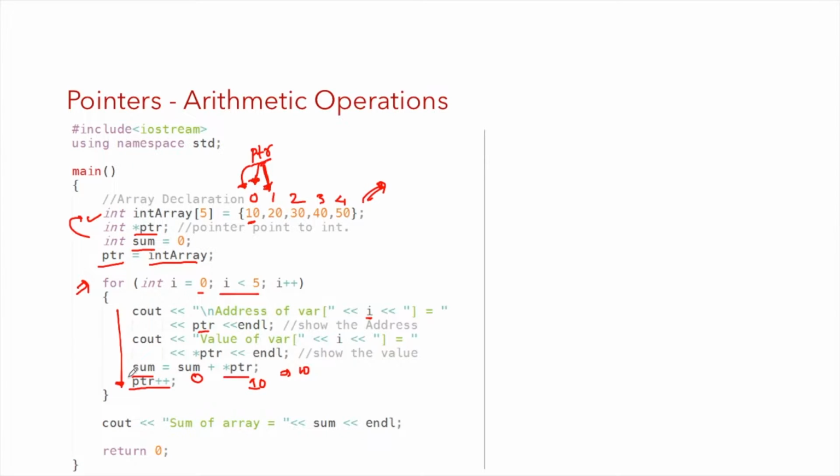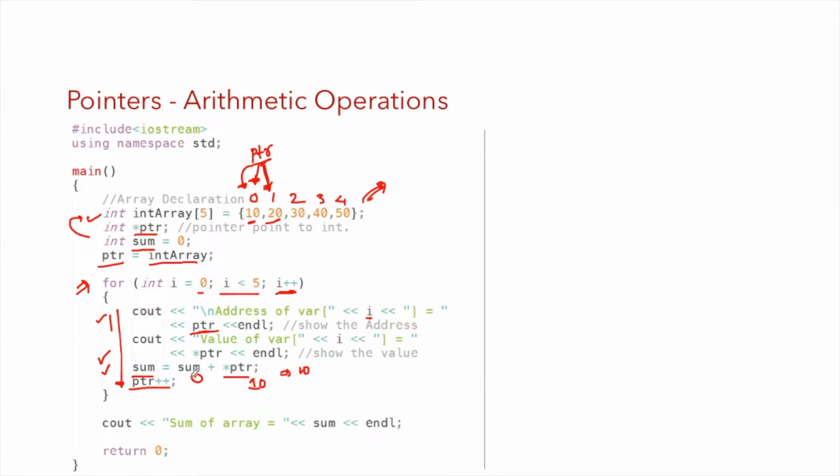So once these statements are executed, the pointer will be incremented by 1, and in the second iteration, the value of I will be incremented because of the statement I++. So I will become 1, and then in the next iteration, the address of the new variable I, that is the address of your pointer for the first index, will be printed here, and then the actual value stored at that particular location will be printed, and again your sum will be updated.